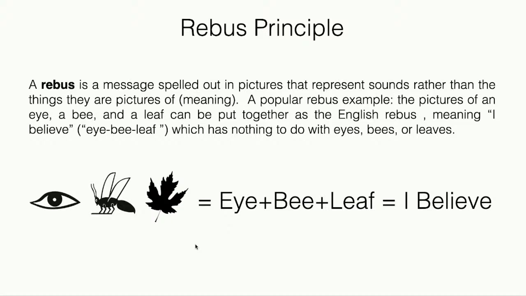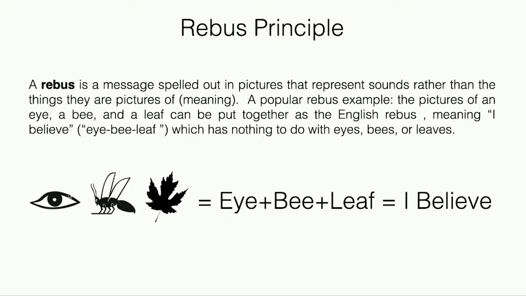Here's an example. A popular rebus example uses the pictures of a human eye, the insect of a bee, and a leaf that falls off a tree. You put them together, and the sounds of what these objects are spell out the phrase "I believe."